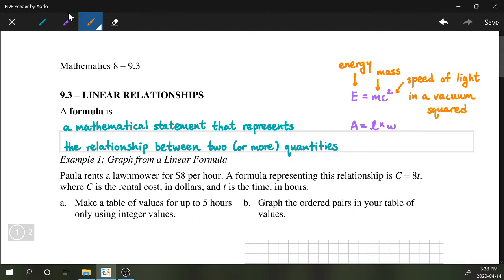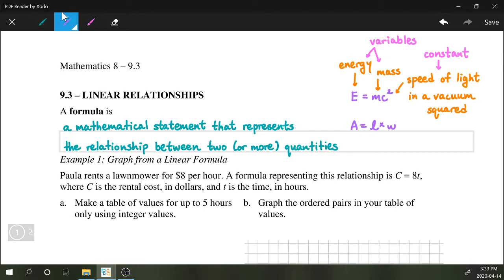Okay, so it is important then for you to distinguish in formulas such as these which ones are constants and which quantities are variables. So in this case, both energy and mass are the variables. Okay. So for the area of a rectangle formula, length, width, and also the area, those are all going to be variables.